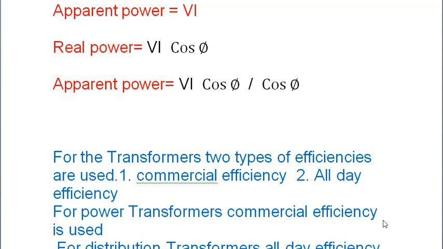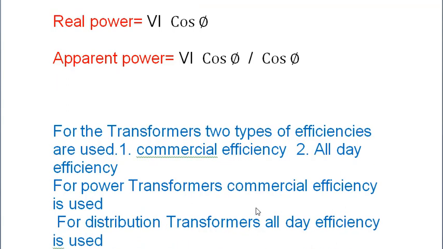So the iron losses are always present in the distribution transformer, but the loads connected to the distribution transformers are the customers. These loads sometimes will be connected, sometimes they are not connected. Some loads are connected, some loads are not connected. As a result, the copper losses will change with time.